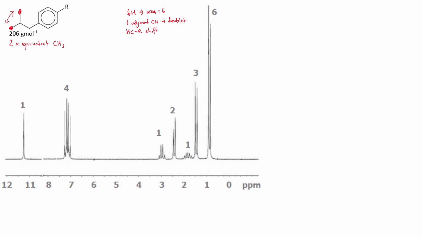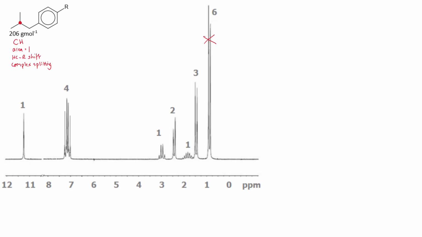And the shift, well, it's just bonded to another CH, so that's an HCr shift, 0.5 to 2 ppm, which again fits. So that's the right peak. And so what we can do now is just tick it off. So mark it on the spectrum to say, right, we've accounted for that peak, so we're not going to think about that one anymore.